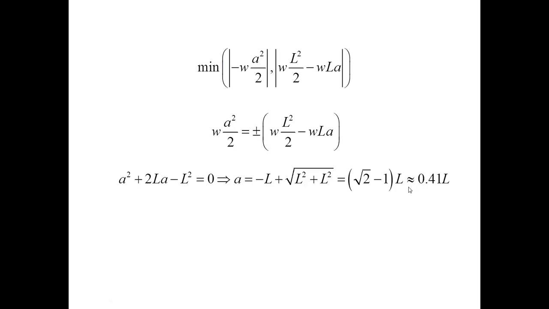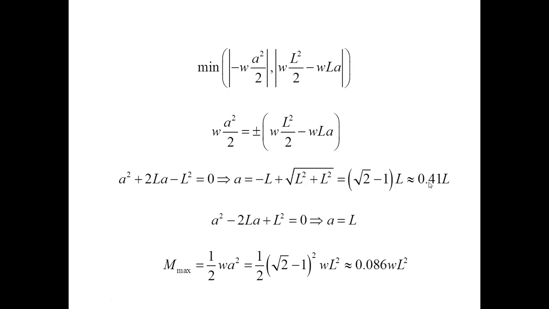Another option is to take the minus sign, and then this will give me A equal to L. It is clear that if A is equal to L, it means the roller and the pin converge in the middle of the beam, and the beam becomes a seesaw, and certainly this solution is unacceptable for us. Therefore, the only acceptable solution is the one associated with the positive branch, where A is approximately 0.41L.